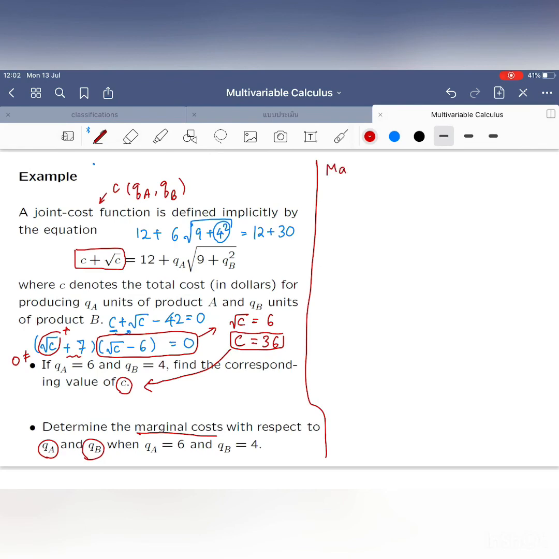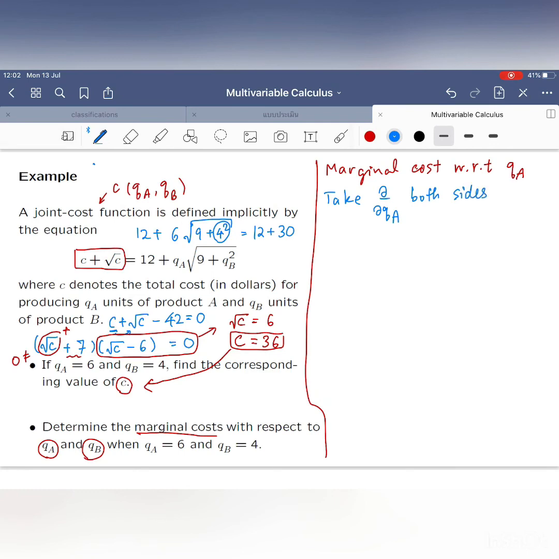So let's find a marginal cost with respect to the QA first. You are going to again take your derivative with respect to the QA on both sides.